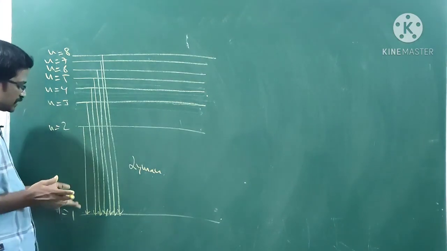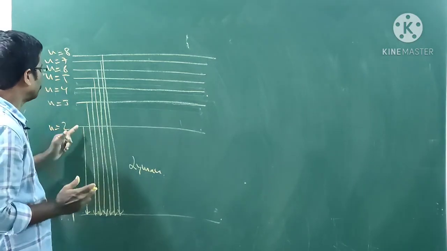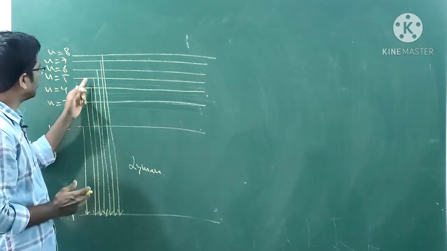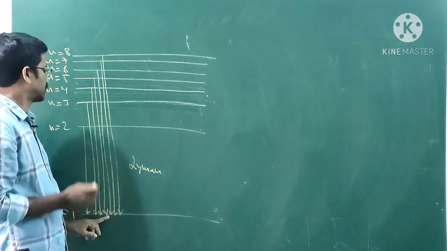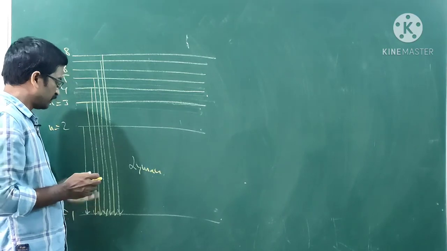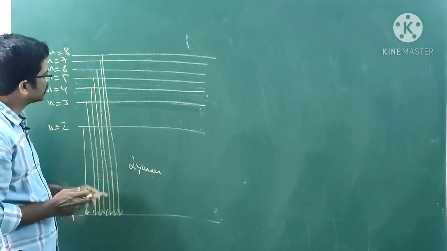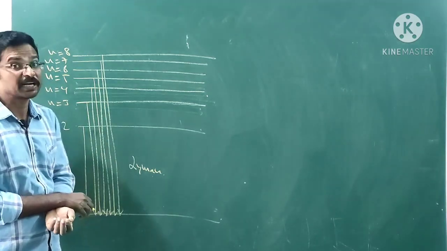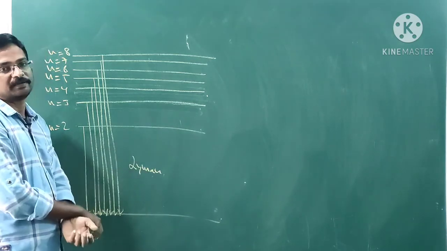This is mainly observed in emission spectra. Electron comes from second level to first level, third level to first level, fourth level to first level, any level to level number one, it can give the spectrum. Because of these transitions we get the spectrum, and that spectrum is the Lyman spectrum.